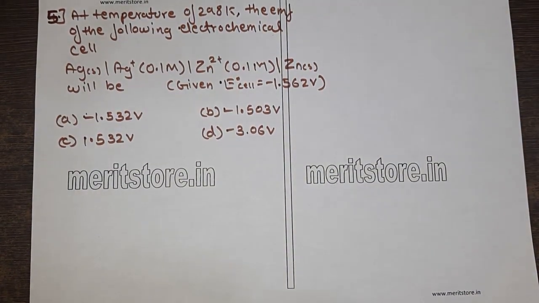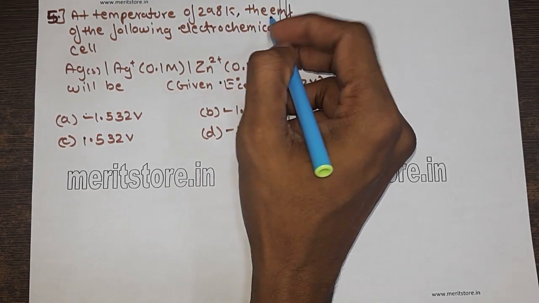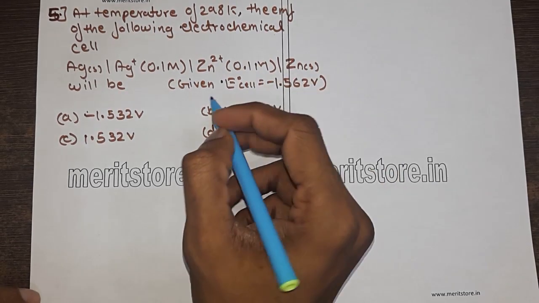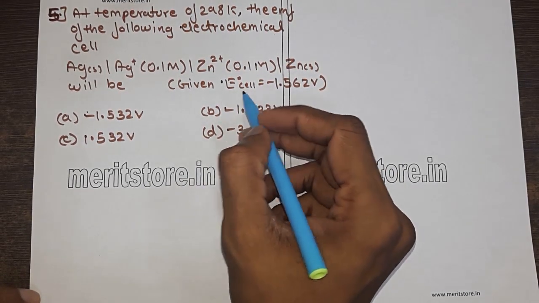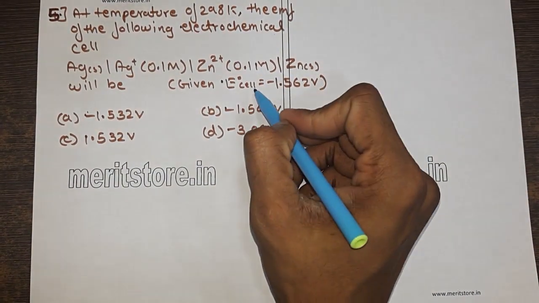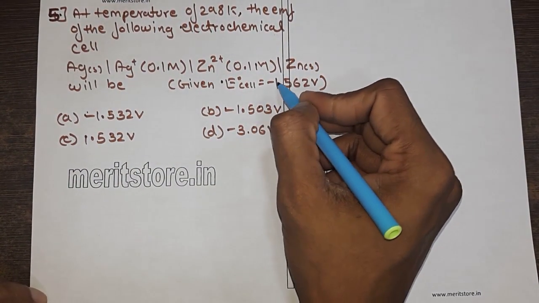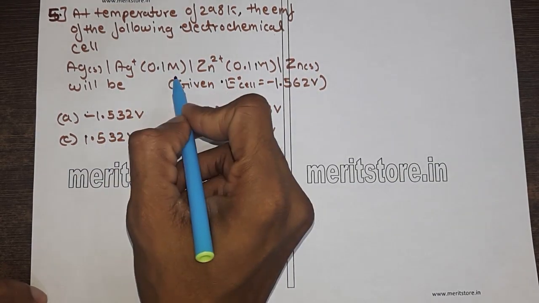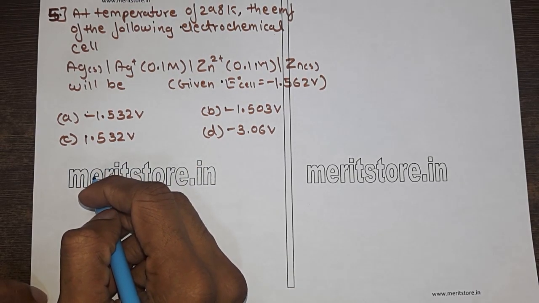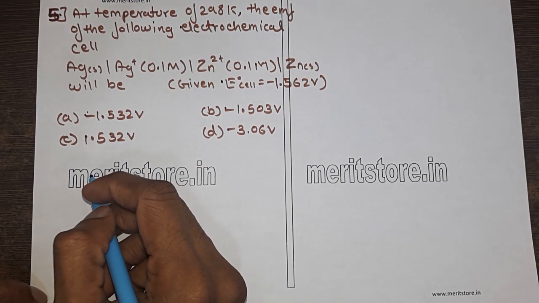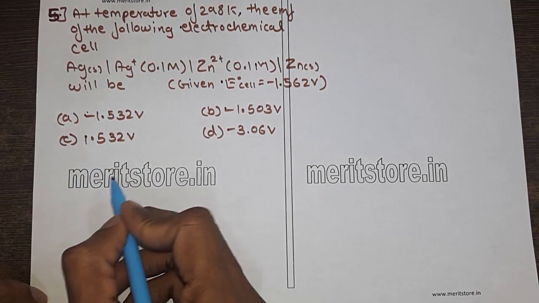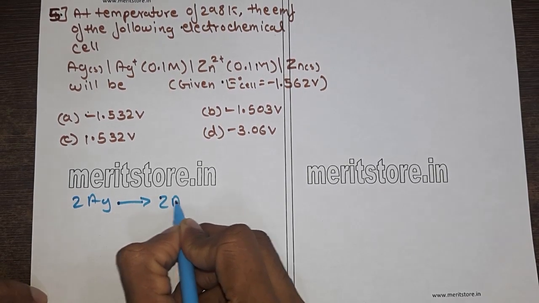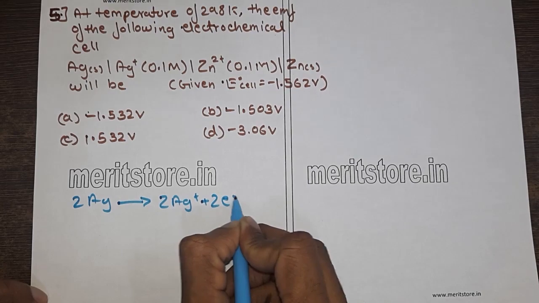Question 5. At temperature of 298 Kelvin, the EMF of the following electrochemical cell as given will be, where standard cell potential is given as equal to minus 1.562 volt. For the given electrochemical cell, the oxidation reaction at anode, the reduction reaction at cathode, and overall cell reaction can be written as follows. 2Ag gives 2Ag+ plus 2e-.